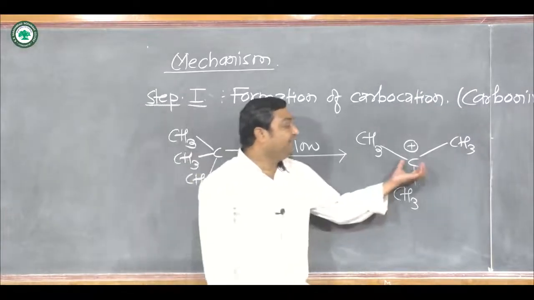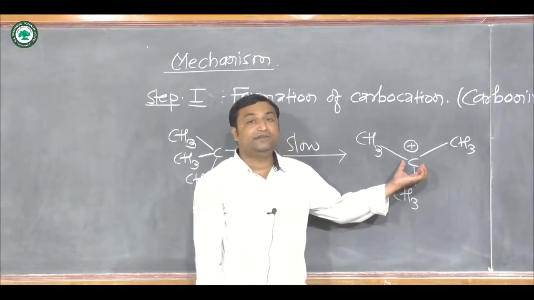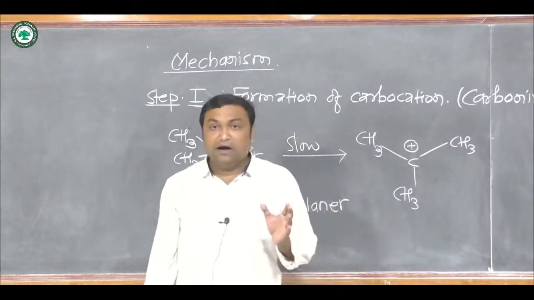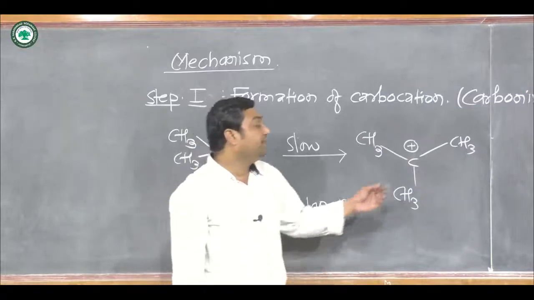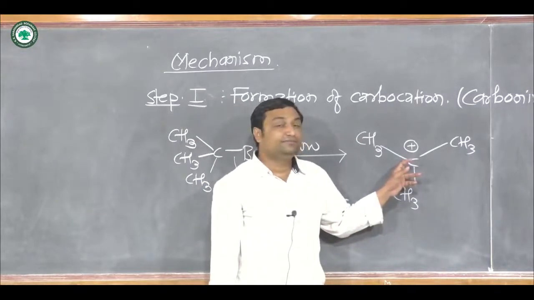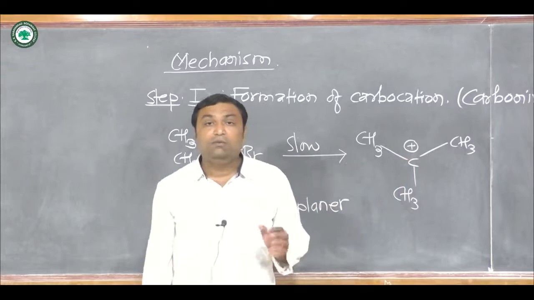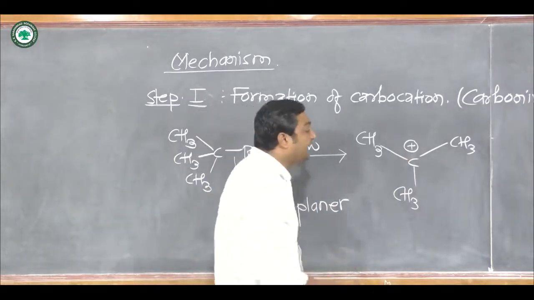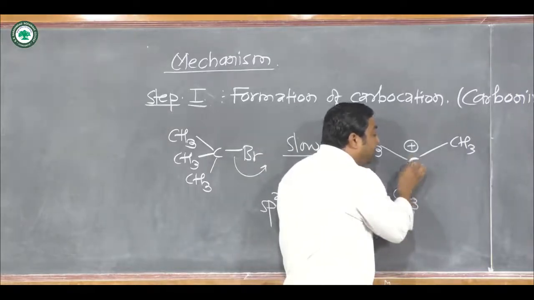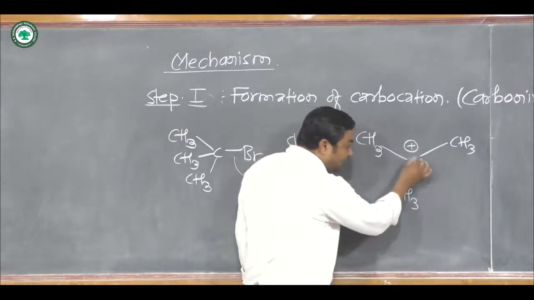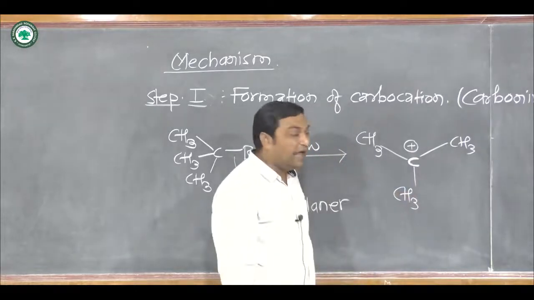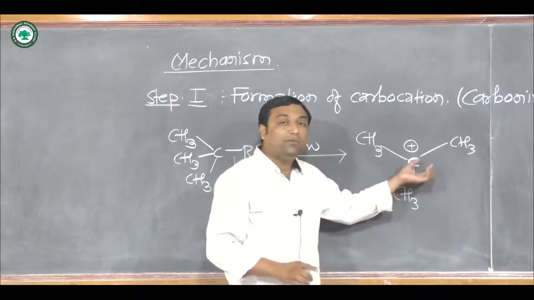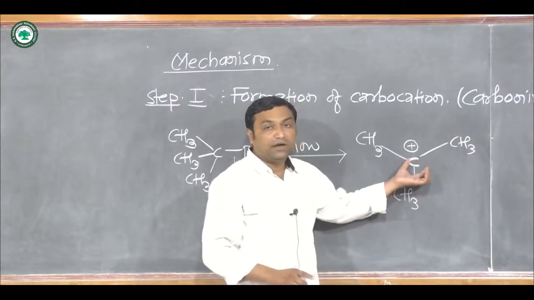Now, as this molecule is planar in nature, there is a chance of attack of nucleophile on this planar carbocation from both sides. That means nucleophile will attack from the front side to this carbon atom, as well as from the back side of this carbocation.